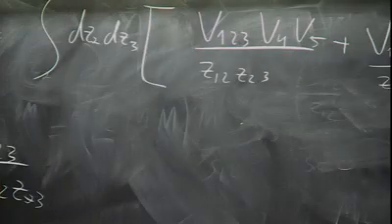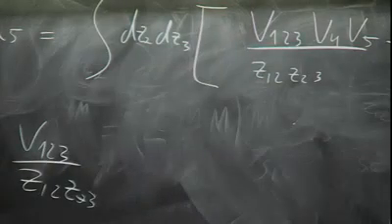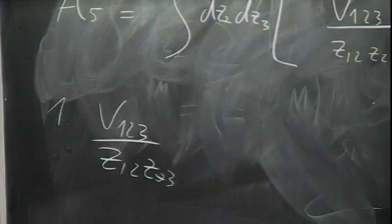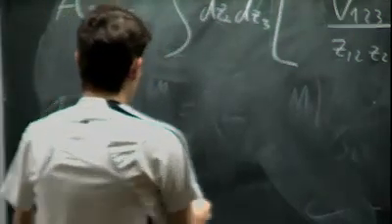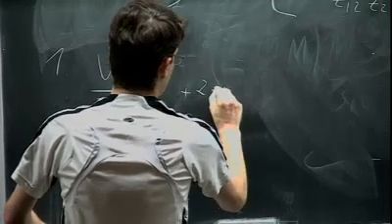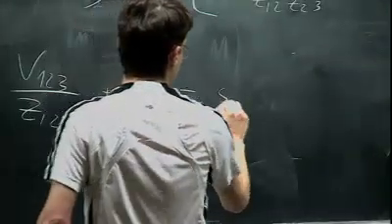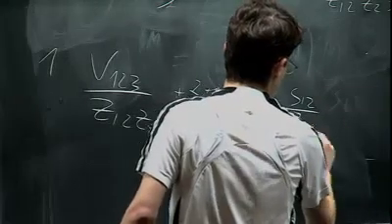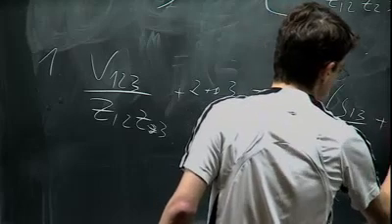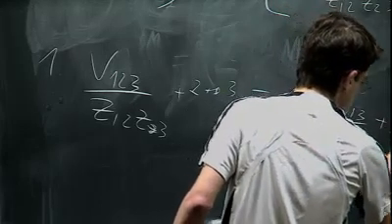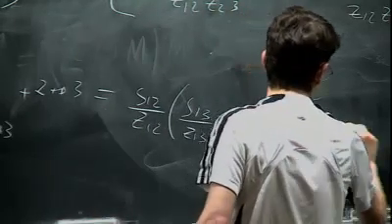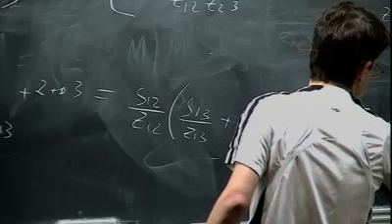So remember that in this 4-point case, the identity to convert V to M is trivial. But at higher points, it's not so trivial anymore, but it's true. Plus 2 and 3, that becomes S12 over Z12, S13 over Z13 plus S23 over Z23, M123 plus permutations.